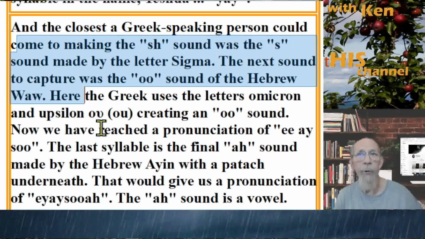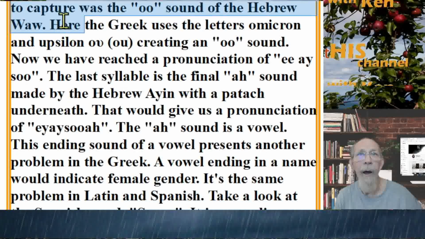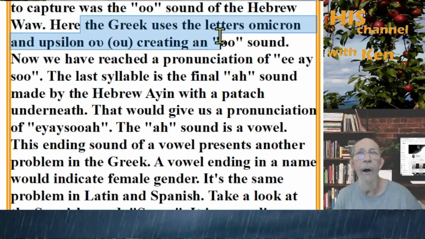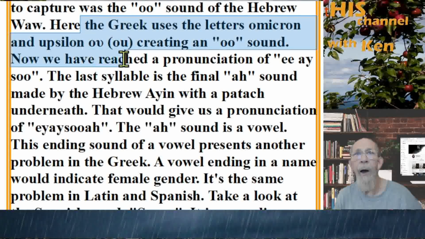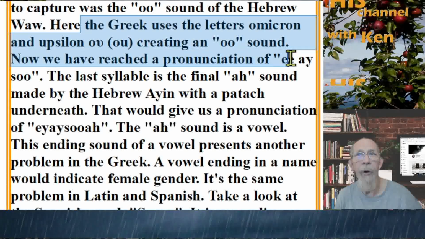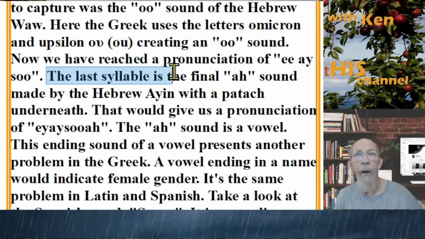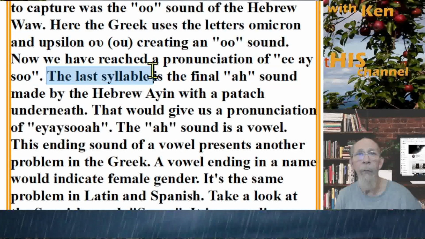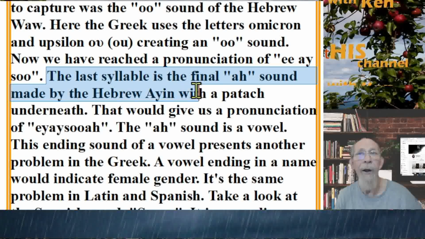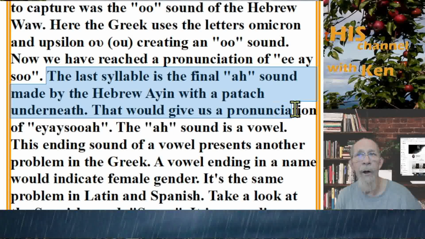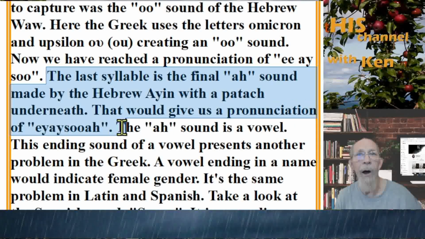Here the Greek uses the letters omicron and upsilon, creating an U sound. Now we have reached a pronunciation of Iesous. The last syllable is the final ah sound made by the Hebrew ayin with a patak underneath. That would give us a pronunciation of Iesua.